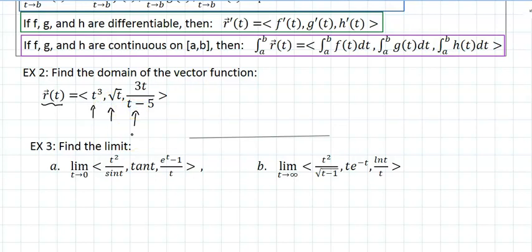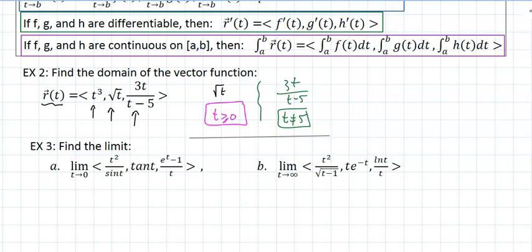I'm so stuck in k. So, t cubed has no restriction. The radical indicates that t must be bigger than or equal to 0. So far, I have that restriction. The fractional part, 3t divided by t minus 5. Well, I know that t cannot equal 5.